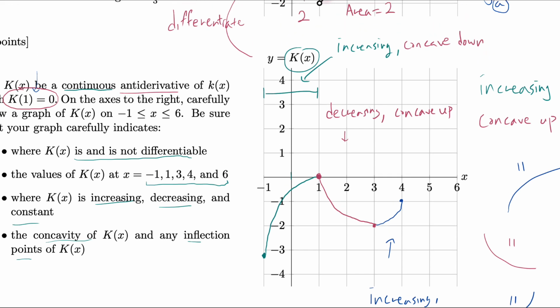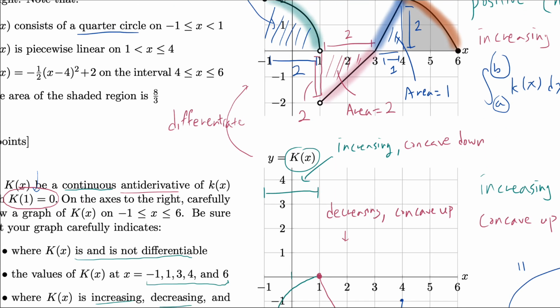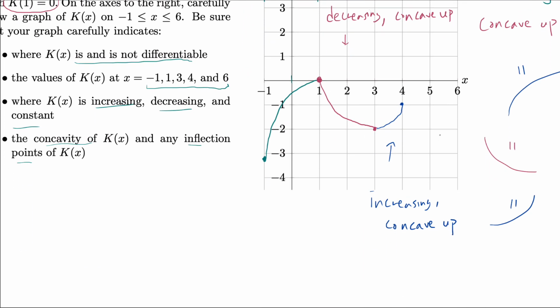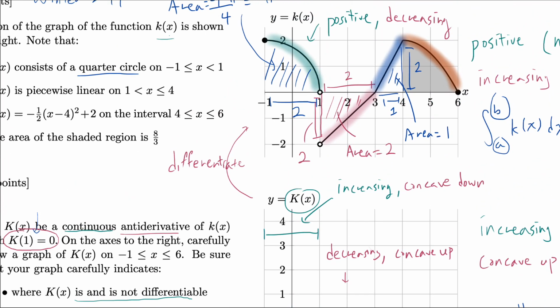Now what is happening next is that from 4 to 6, we see that little k is positive but decreasing. So what's that telling you about capital K? Well, we already know increasing and concave down looks exactly like this. Now the question is, how much are we increasing by? We increase by the area of this region, which they tell us is 8/3.